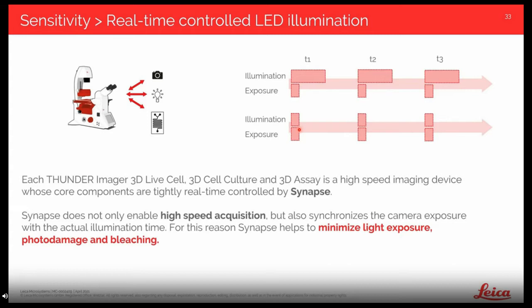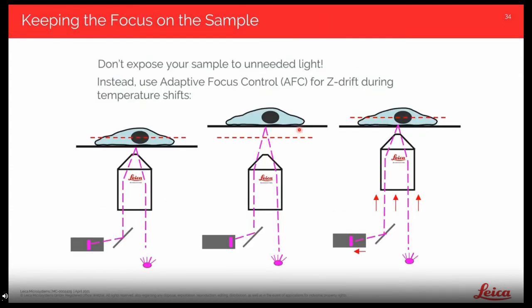Also on our DMI8 is something that allows us to create and keep focus. We call this adaptive focus control. It is a way of locking the objective to the sample to minimize Z drift due to temperature fluctuations or mechanical drift. The way this works is that we have a far red LED light that comes in through the objective.